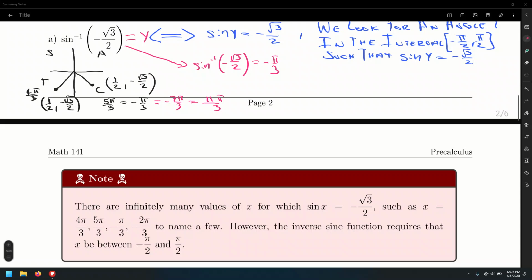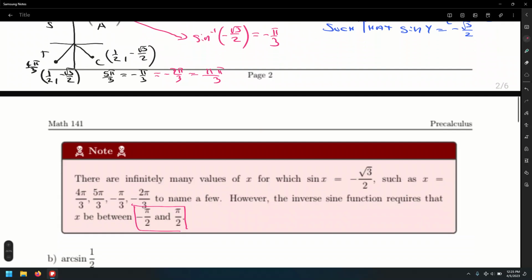However, because we needed to restrict this special group of functions so they fit in the world of invertible functions, we needed to restrict their domains so that we can find their inverse. And that restricted domain, again just to keep checking the consistency of it, is negative pi over 2 to pi over 2. So it's not just any angle that fits that window. All right? Let's look at another example.